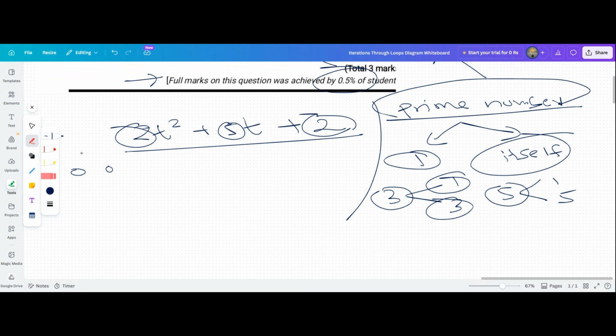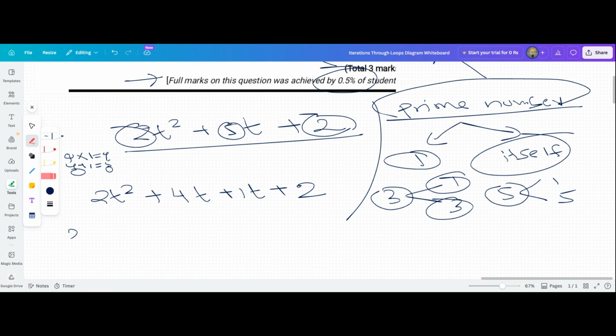So what are the two values? 4 into 1 is 4, and 4 plus 1 is 5. So 4 and 1 are the numbers. We can write this as 2t squared plus 4t plus 1t plus 2. It means I have divided 5t into 4t plus 1t.